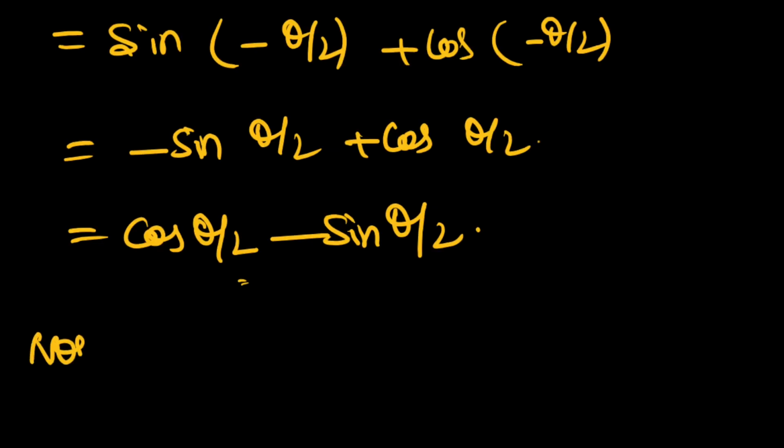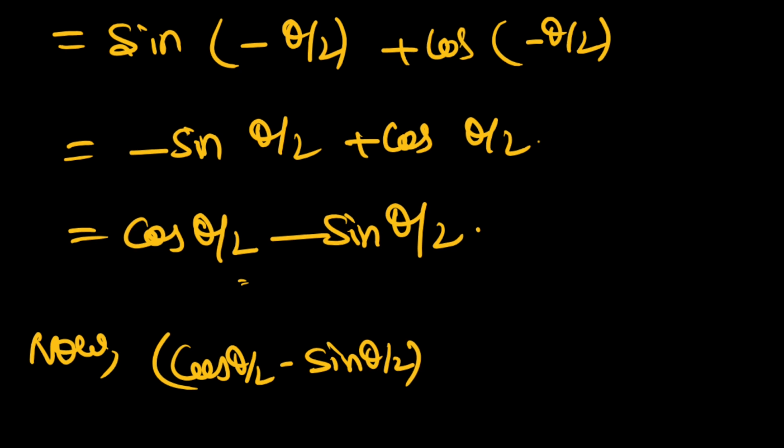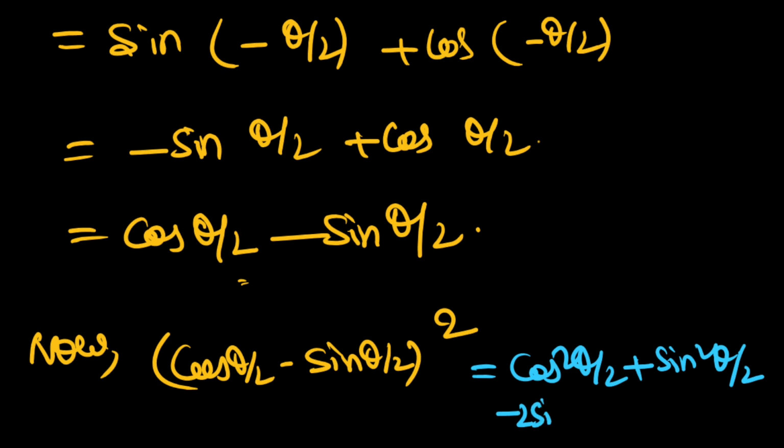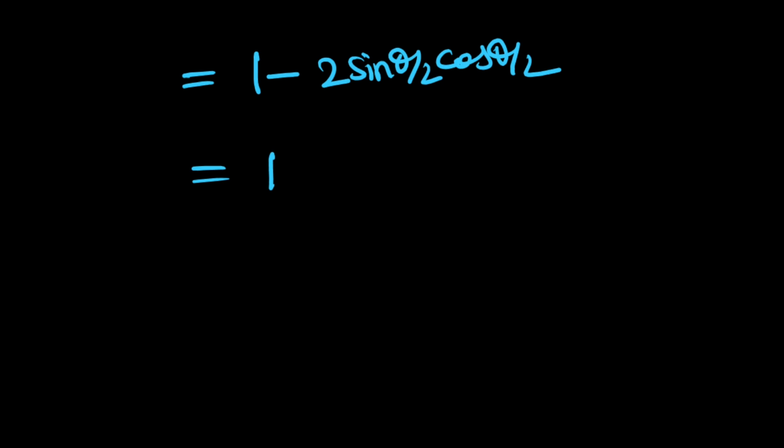We find the value of (cos theta by 2 minus sin theta by 2) whole square, then take the square root. Expanding with the a minus b formula: cos square theta by 2 plus sin square theta by 2 minus 2 sin theta by 2 cos theta by 2, which is 1 minus 2 sin theta by 2 cos theta by 2, that is 1 minus sin theta. So we only need to find the value of 1 minus sin theta.